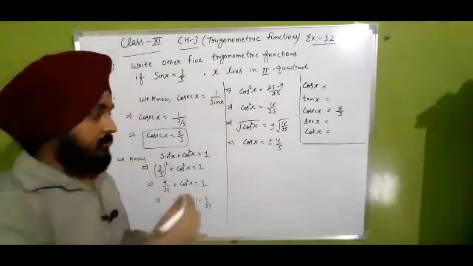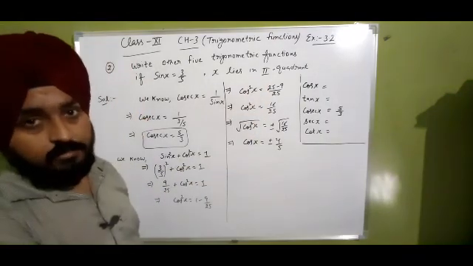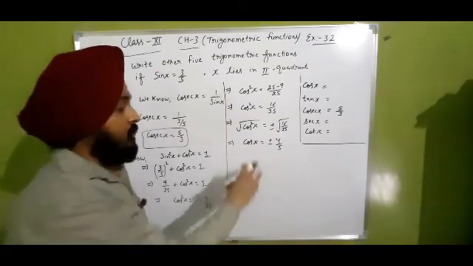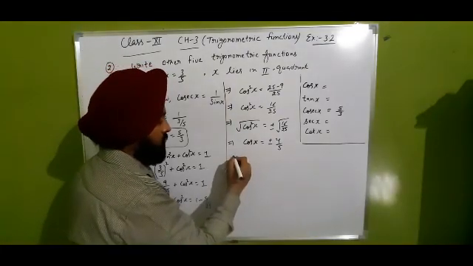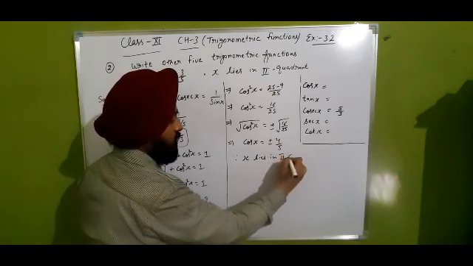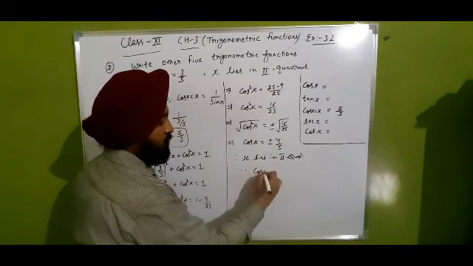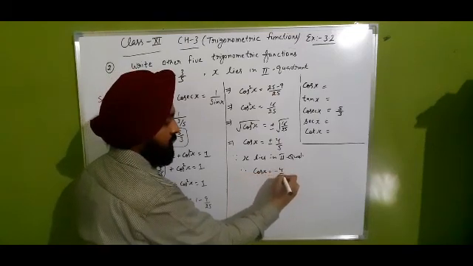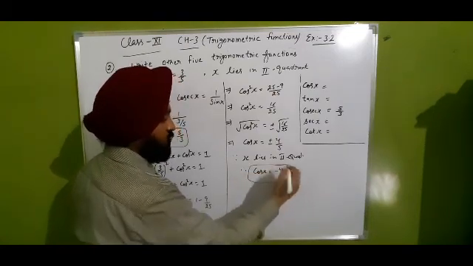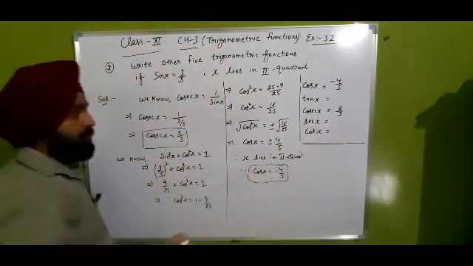It is negative there, because in the second quadrant sine and its reciprocal cosecant x are positive, not cos x. So right here, because x lies in the second quadrant, therefore we have to select its negative value, not positive. So cos x value is equal to minus 4 upon 5.